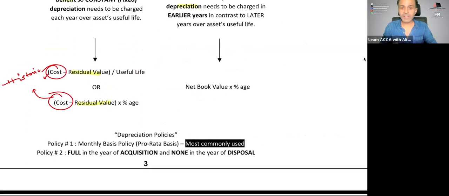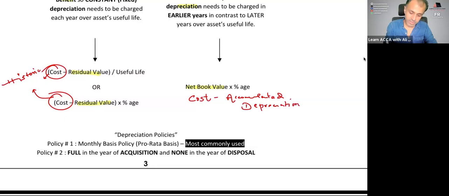Whereas in the reducing balance method, net book value is used to multiply with the percentage, where the net book value is cost of an asset minus accumulated depreciation. What is accumulated depreciation?